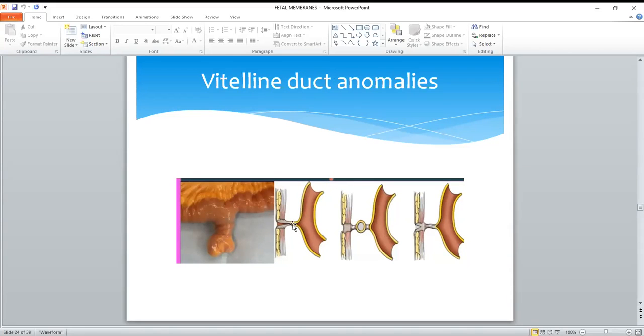As I said, the vitelline duct is supposed to degenerate, but what if it does not degenerate? It will form a fistula. A fistula is any abnormal connection. So you have the abdominal wall, and the vitelline duct does not degenerate, so you form this fistula.